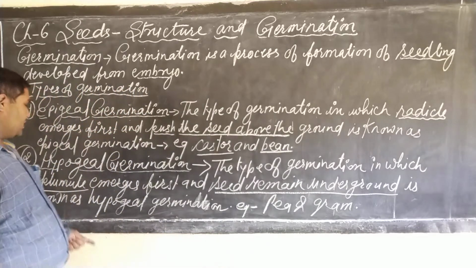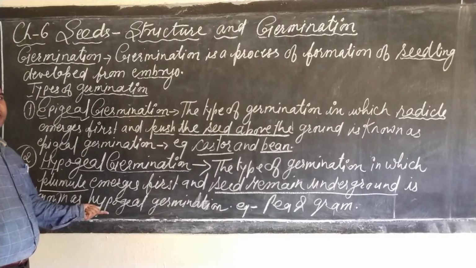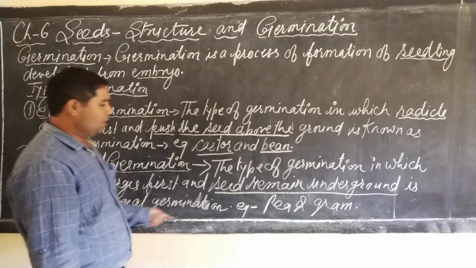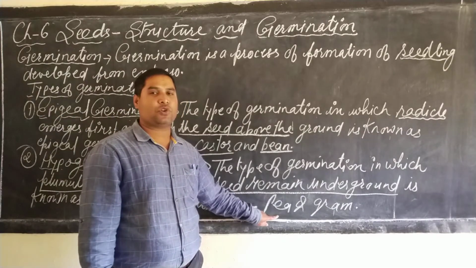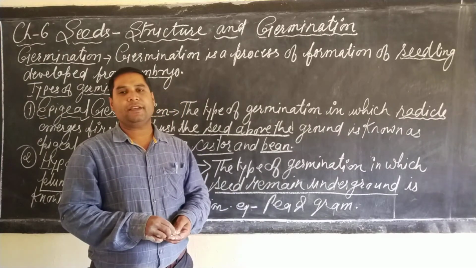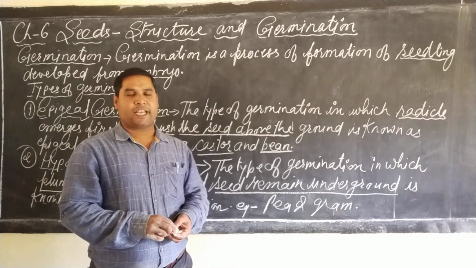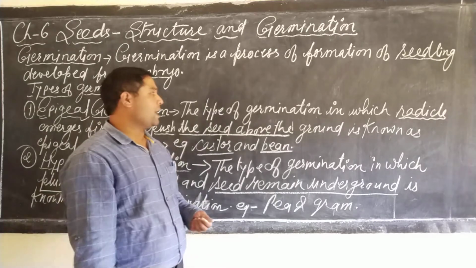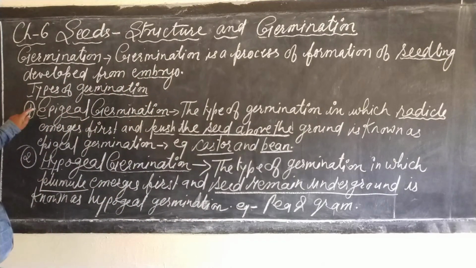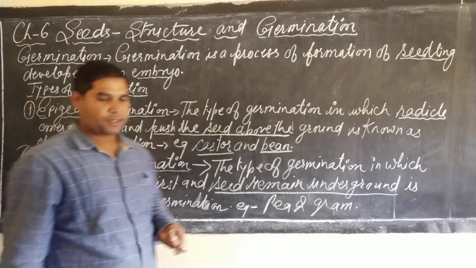Such type of germination is known as hypogeal germination. For example, this type of germination is shown by pea and gram. So dear students, we came to know about the two types of germination, epigeal and hypogeal.